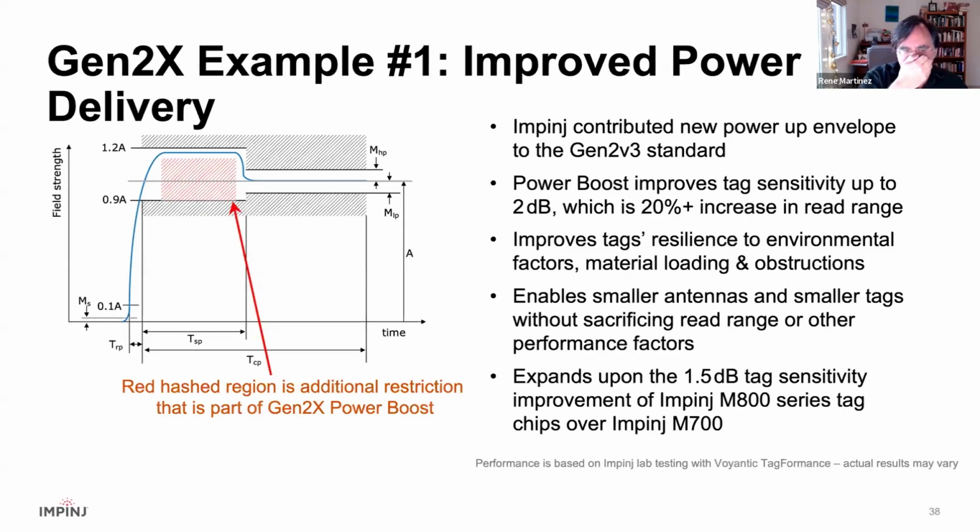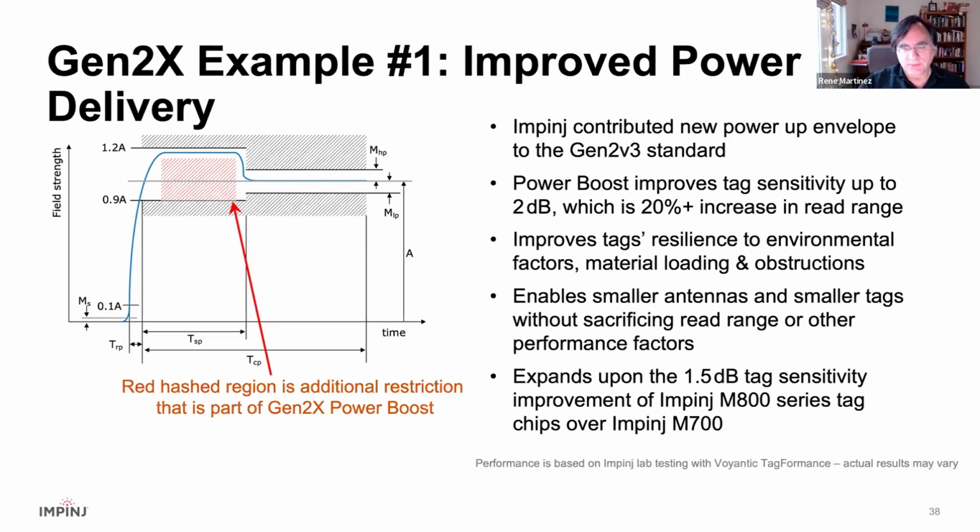As Jim alluded to, there's a new power-up envelope in Gen2v3, and focus, if you will, on the left side of this slide, the diagram there, which is the Gen2v3 power-up transmitted by the reader, and it shows field strength. The blue line there shows field strength versus time.